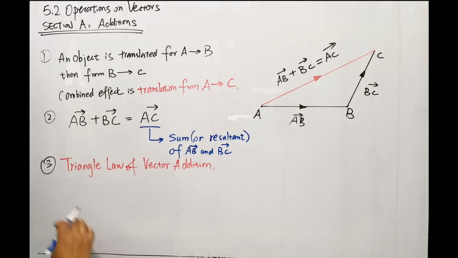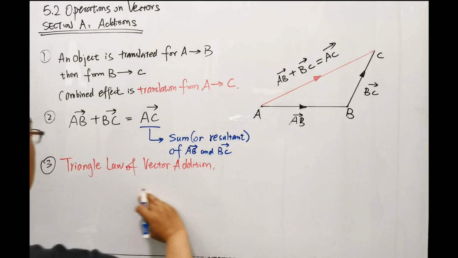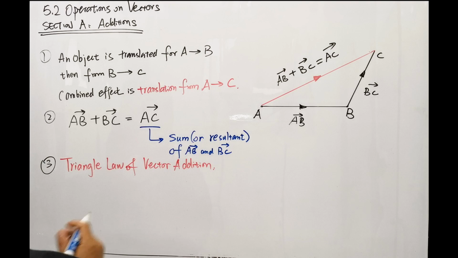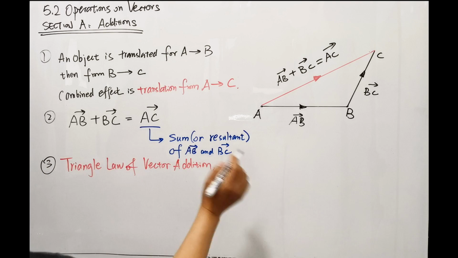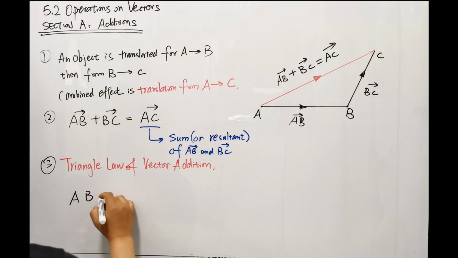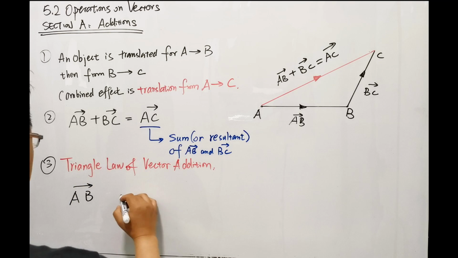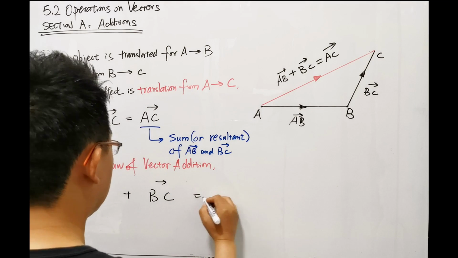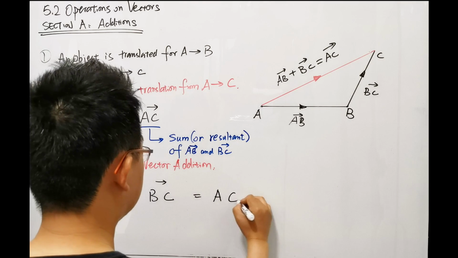So in this law we have AB plus BC equals AC.